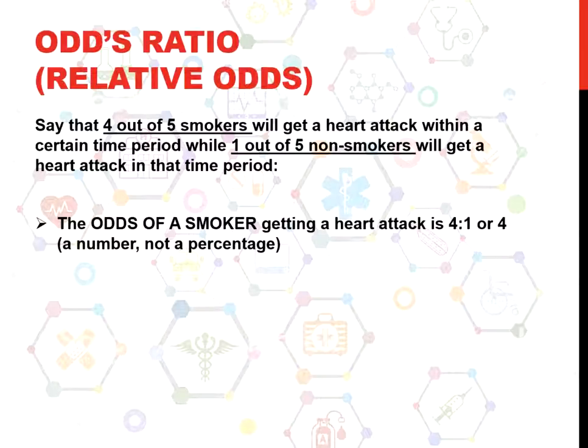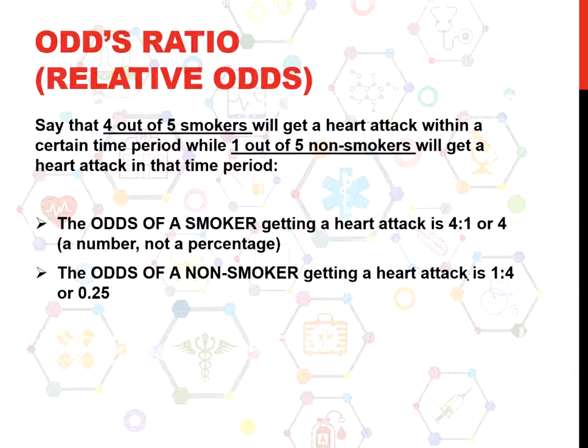Okay. So, may isa pa tayong data dito. Gamitin naman natin. So, 1 out of 5 non-smokers will get a heart attack in the same period. So, ibig sabihin, 1 out of 5 chance naman ito. So, paano yun? 1 divided by 5, kasi 5 yung total natin. So, 1 out of 5. So, ibig sabihin, kung balik tayo sa example natin, the horse will win 1 out of every 5.